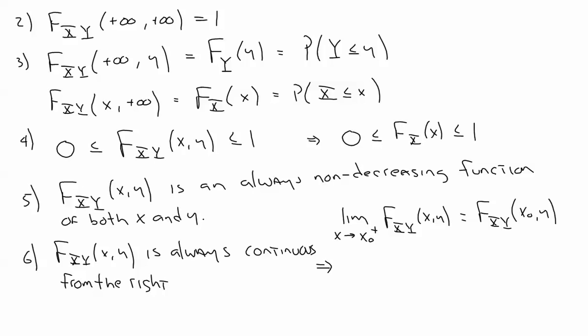And likewise, again, I'm not going to labor over this point any further than this, except to say that just like the marginal cumulative distribution function, the joint cumulative distribution is continuous from the right.